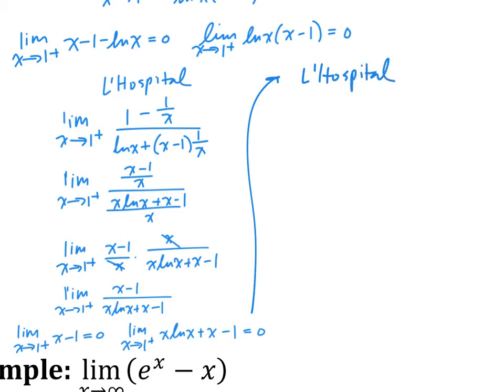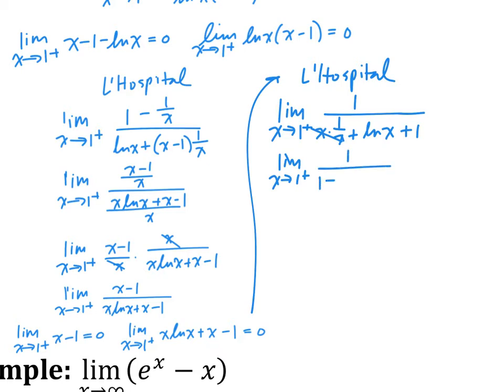The derivative of the top gives 1. The derivative of the bottom, x natural log x, means product rule, so x times 1 over x plus natural log x, plus 1. That's going to cancel. So the limit as x goes to 1 plus of 1 over 1 plus natural log x plus 1. Put in 1, we get 1/2.